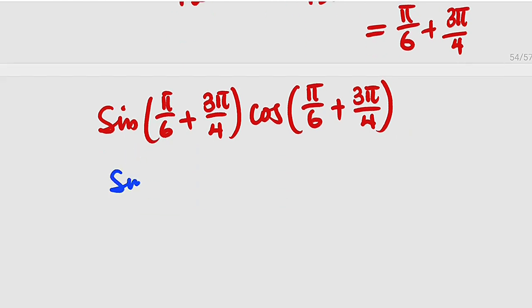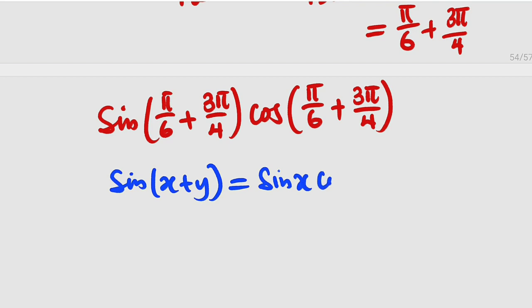For sine, if you have sine of x plus y, this is the same thing as sine of x multiplied by cosine of y, plus sine of y multiplied by cosine of x. This is for sine.